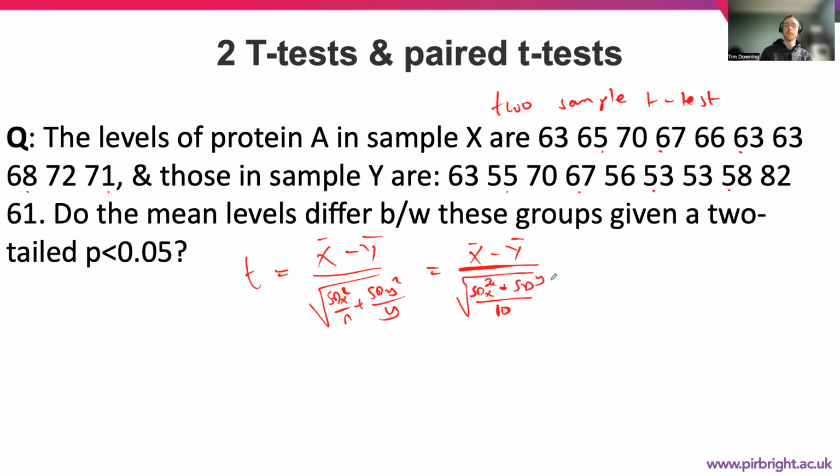And if we're getting the degrees of freedom, importantly, that can be approximated by n plus m minus 2, which in this case is going to be 18. So that's the corresponding t-distribution that we want to look up.